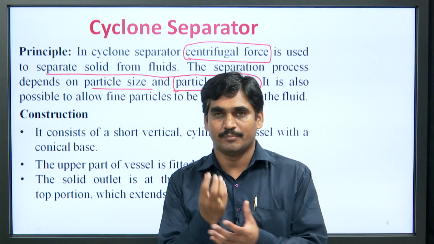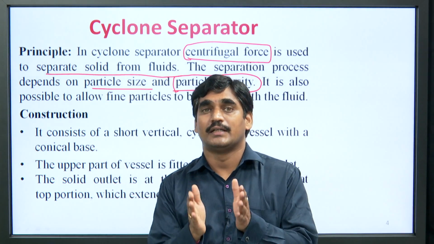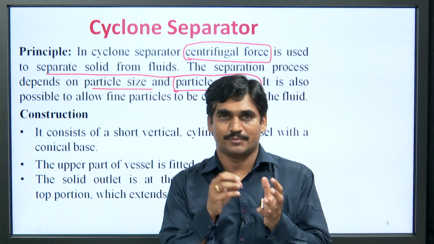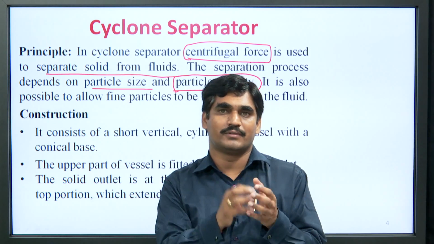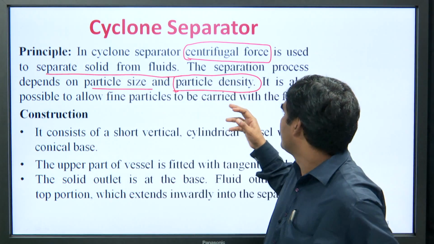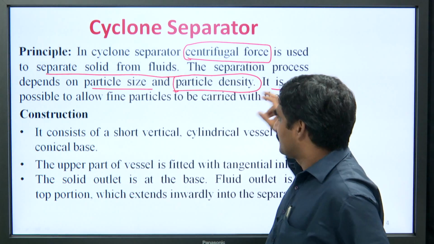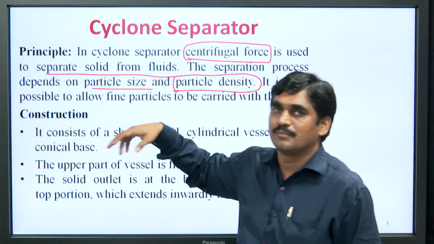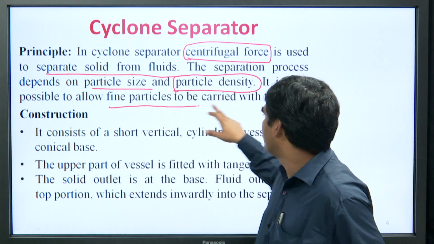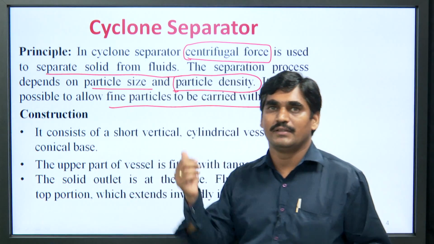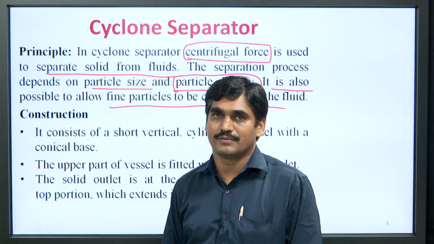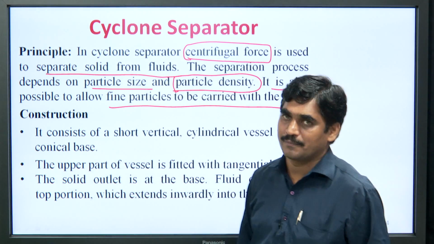We can say heavier particles or lighter particles, that means smaller the size of the particle, lighter it will be. It is also possible to allow fine particles to be carried with the fluid in case of cyclone separator apparatus.